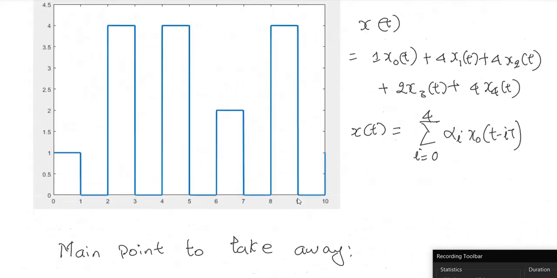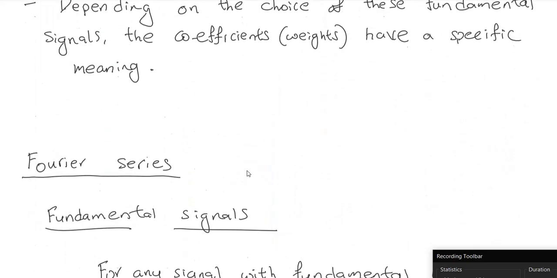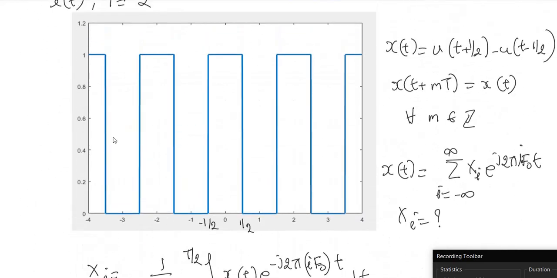Previously, when we used shifted pulses as our basis signals, these weighted coefficients were the amplitudes within each time period, right? Now we took a sample pulse train and we are expressing it as a weighted summation of these complex exponentials.